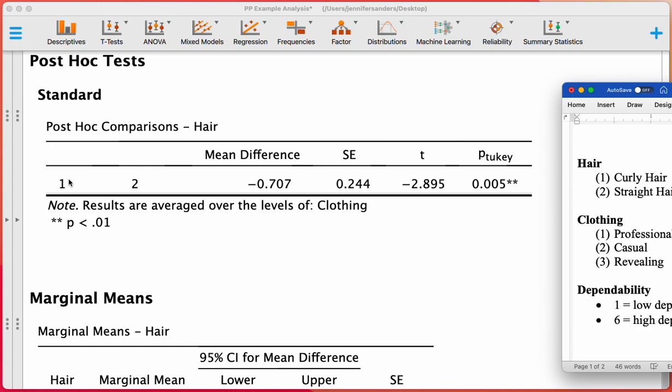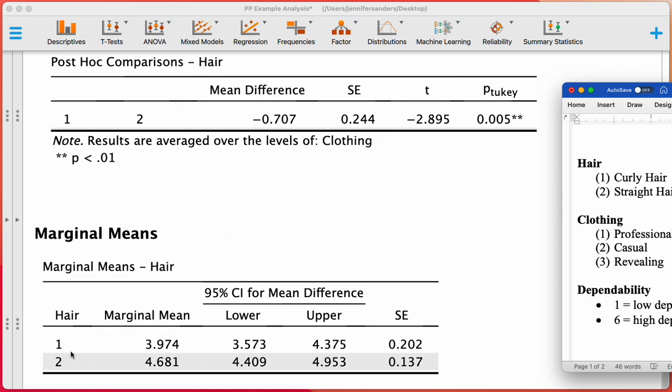So this is the average of curly hair minus the average of straight hair equals negative 0.707, or 3.974 minus 4.681 equals negative 0.707.